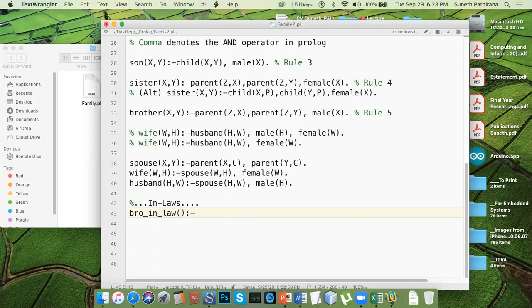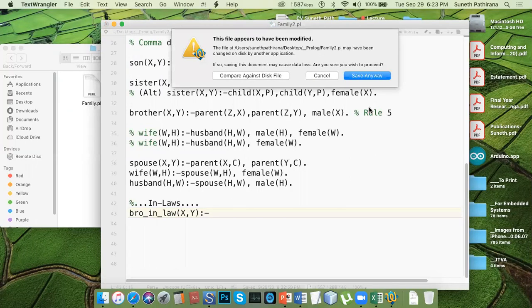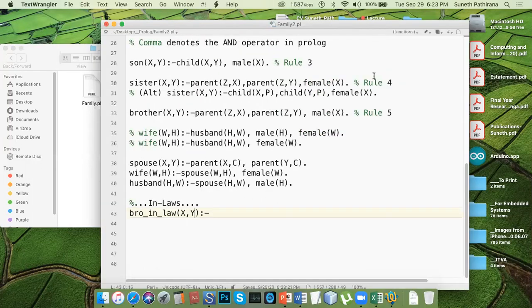At least two people must be there. Let's put X and Y. Both are going to be brother-in-laws. I am brother-in-law for him, and he is brother-in-law for me.